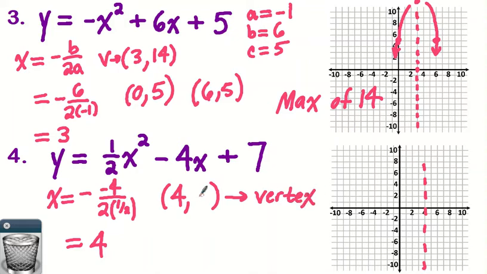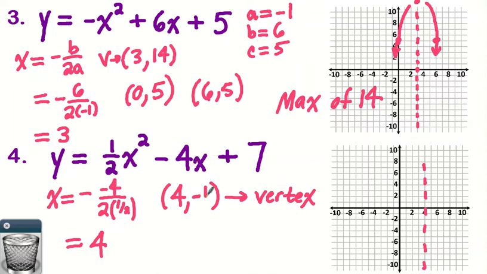So how do I figure out the other coordinate of my vertex? Like, if x is 4, what does y have to be? Plug it back into the original. 4 squared, remember, order of operations, peoples. 4 squared is 16. Then times 1/2 gets you 8. This is going to be a minus 16. So 8 minus 16 is negative 8, and then the plus 7.